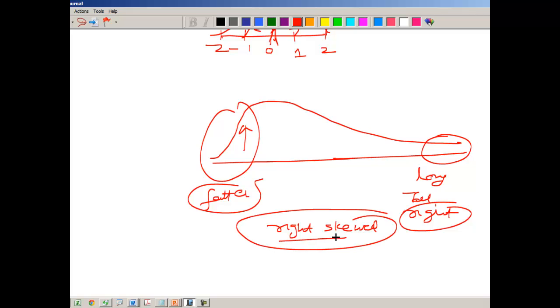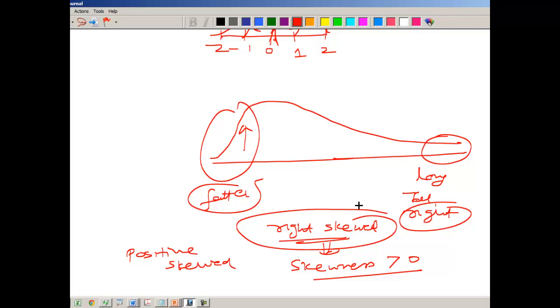For a right skewed distribution, the skewness will be positive, more than 0. So there are two names given: right skewed, and also positively skewed distribution, wherein the long tail is on the right and the fatter part is on the left.